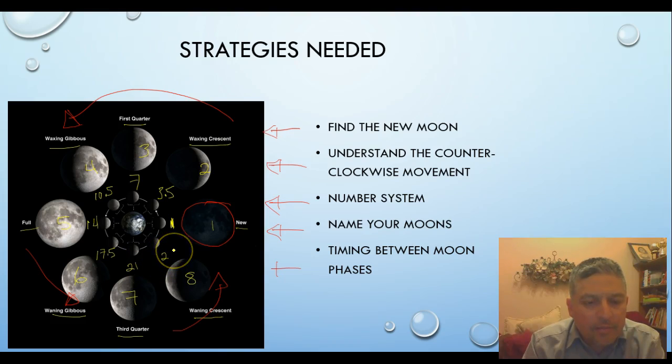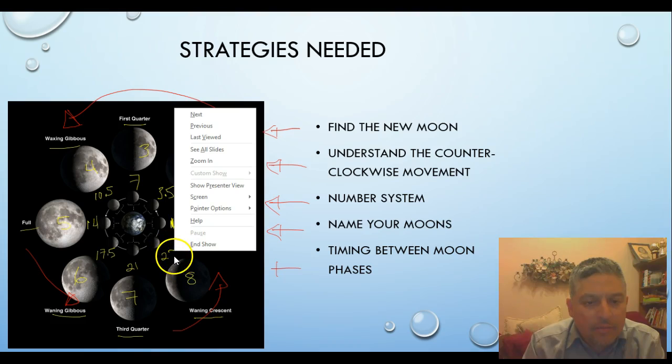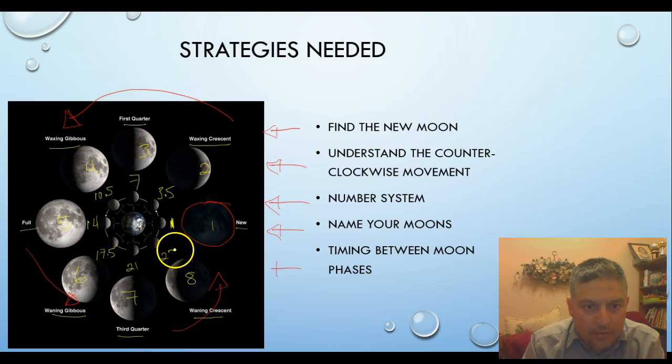And this one I'll say day 25. Even though this is day number 1 because it's the beginning of the cycle, the new moon also represents the end of the cycle. So this is going to be day 29. It can be day 29 or day 1, the beginning of the cycle and the end of the cycle.